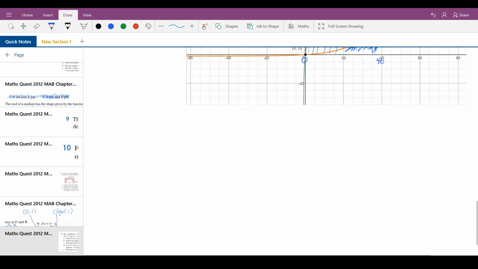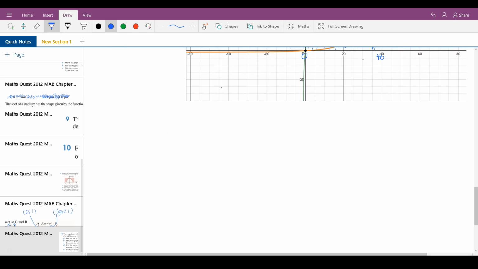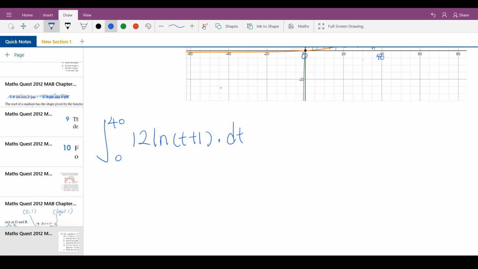We are integrating between 0 and 40 of the rate of growth function, 12 ln of t plus 1. Sorry, let's use x in this case. It doesn't matter, with respect to t. So that's our function.